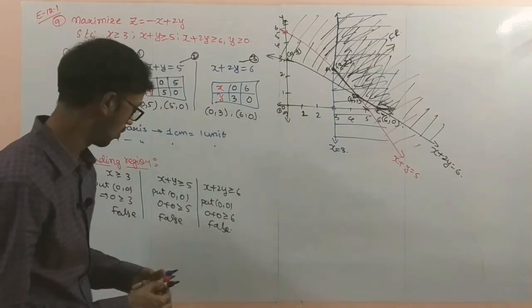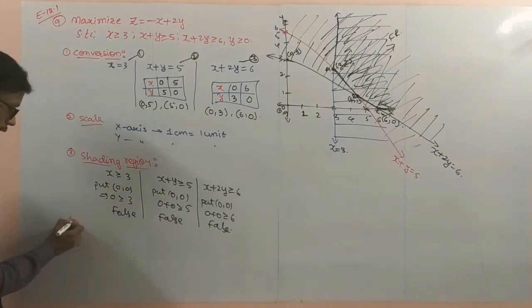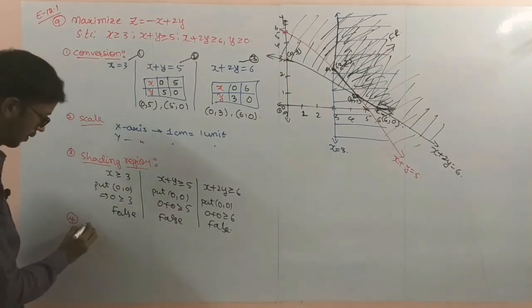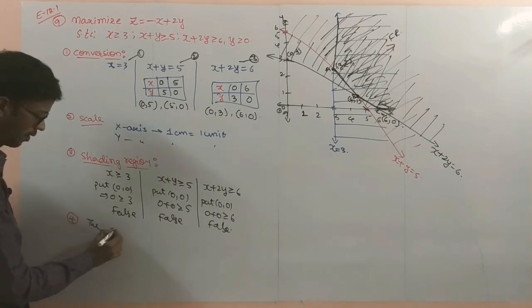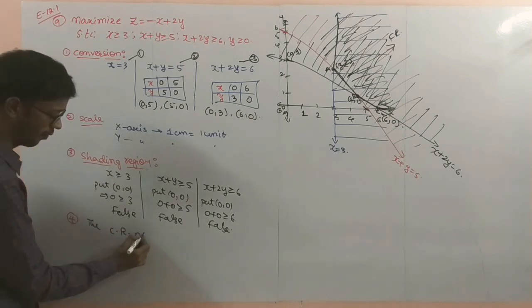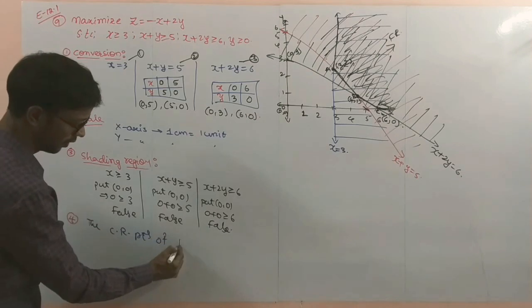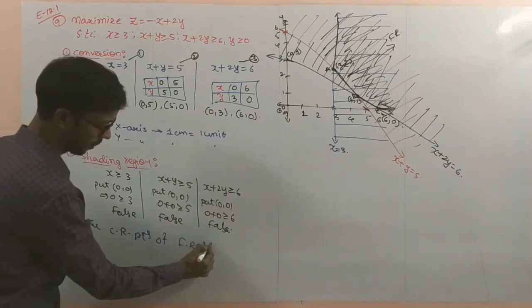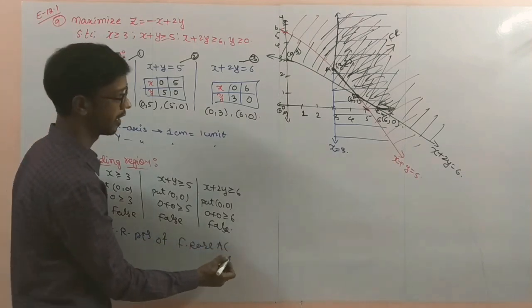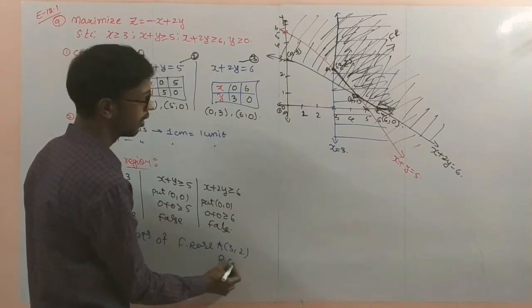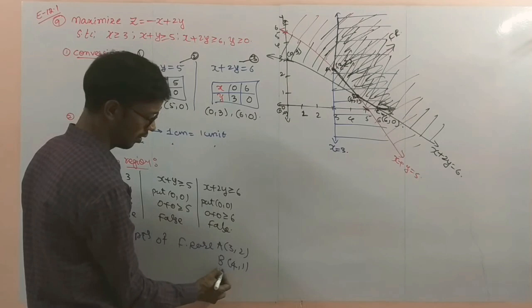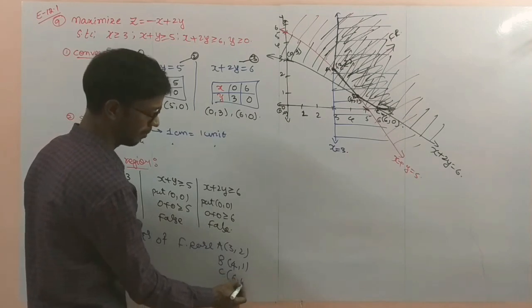So now the corner points of the feasible region are point A (3, 2), point B (4, 1), point C (6, 0).